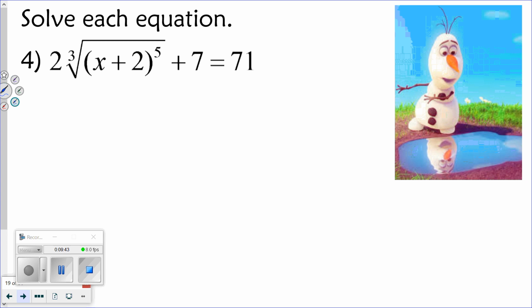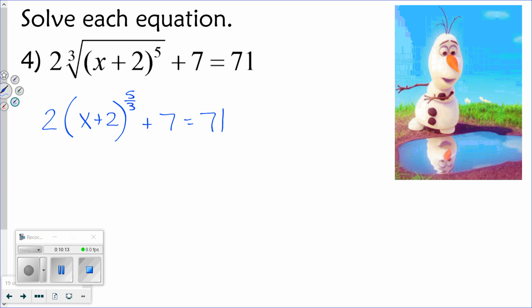You could raise both to the 3rd power to get rid of this. Then you'd have to do the 5th root to get rid of that. So you could, but I think the easiest way is to switch this to x plus 2 to the 5/3. Because now I can get rid of the cubed root and the fifth power all in one step. And you guys know I am a lazy mathematician. So I'm going to try to get rid of as much in as few steps as possible.